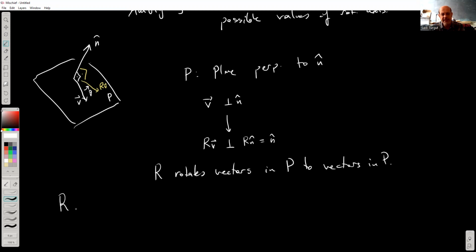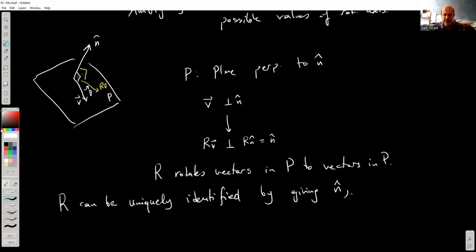So let's say it like this: R can be uniquely identified by giving the values of the rotation axis as a unit vector and the rotation angle theta.